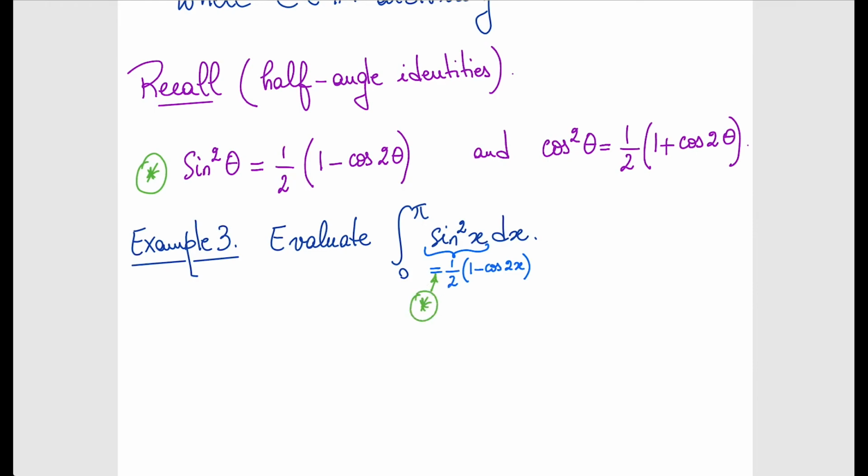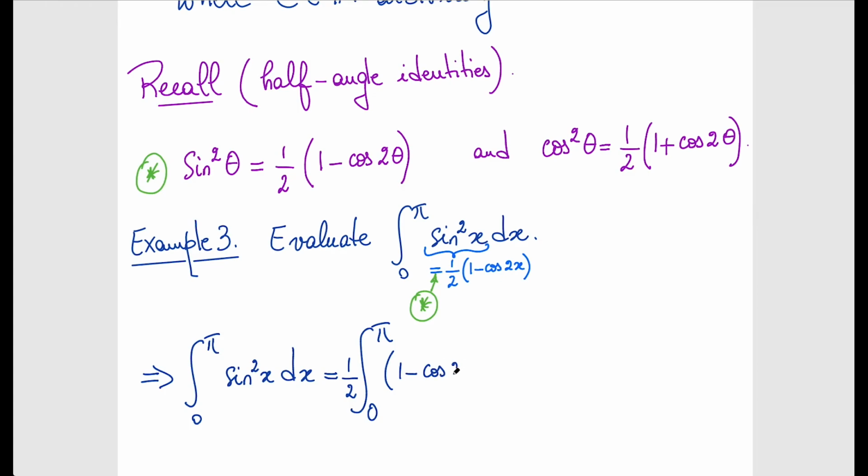All right, and then this definite integral now becomes equal to the definite integral from 0 to pi of half times 1 minus cosine twice x dx.